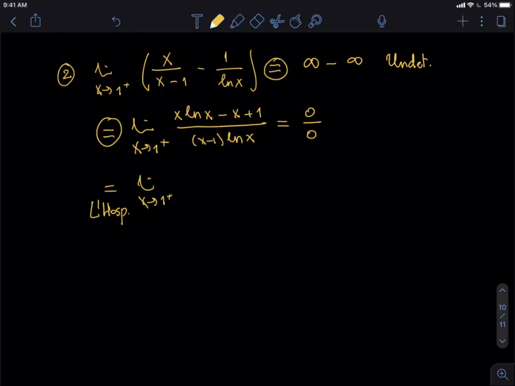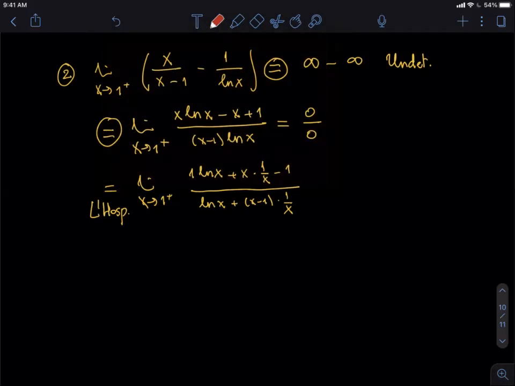So it is 1 times the logarithm plus x times 1 over x minus 1, divided by the logarithm of x plus x minus 1 times 1 over x. Now, in the numerator, x divided by x is 1, so there is a cancellation.